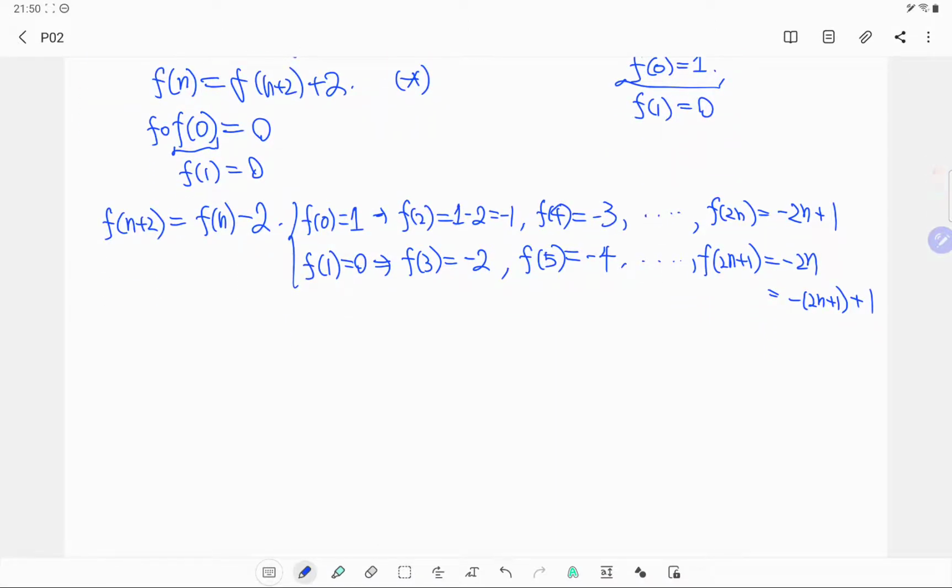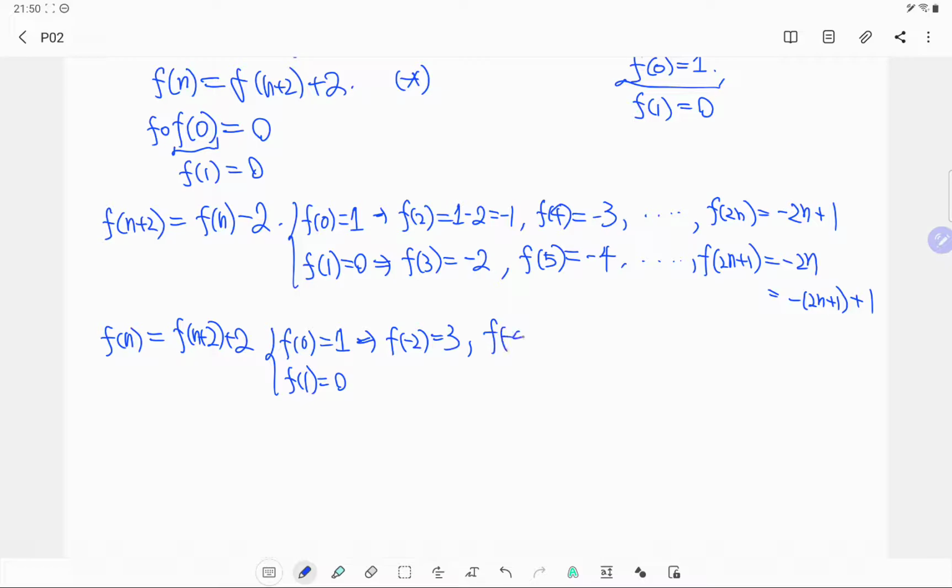So next we can have this one, f(n) is equal to f(n+2) plus 2. Still, we make use of f(0) equals to 1 and f(1) is equal to 0. So that f(-2) is equal to f(0) plus 2, which is 3.